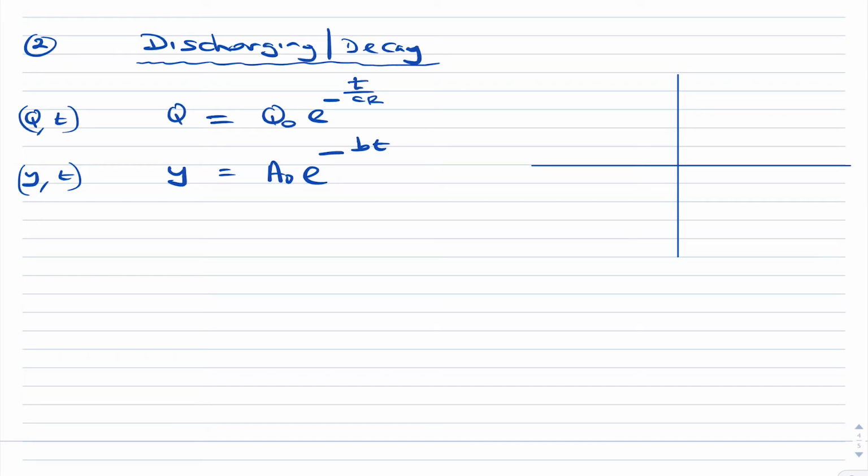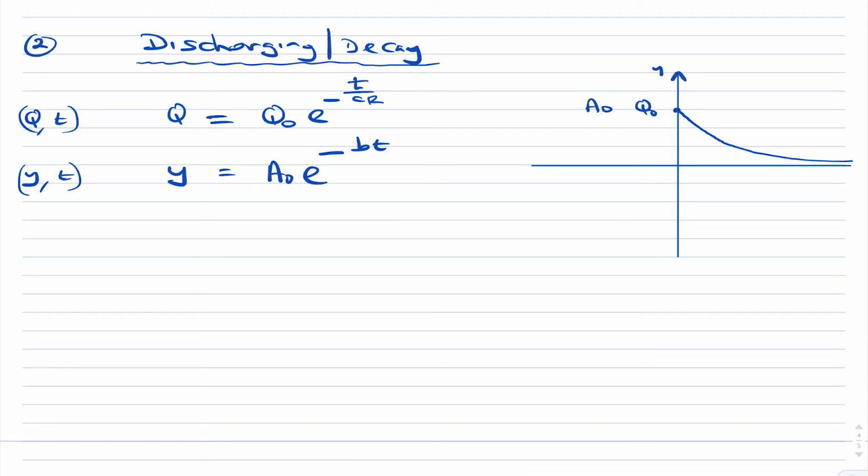In this case, when you're discharging, you're coming from a higher value and then decreasing exponentially, so this is a decreasing function. This will be Q naught or A naught.